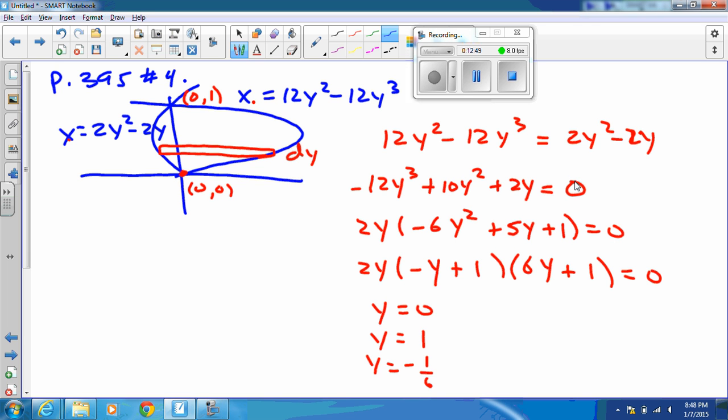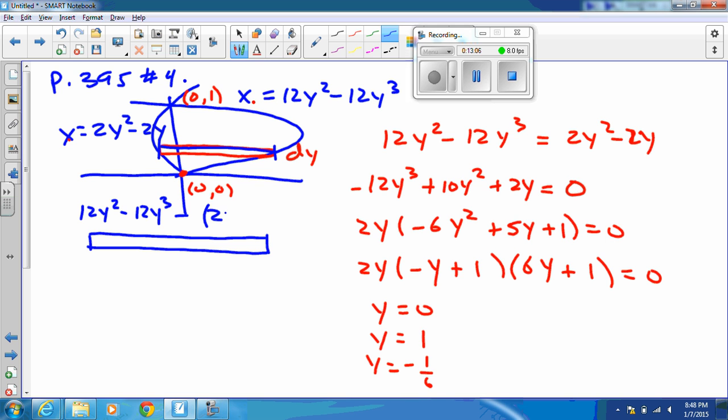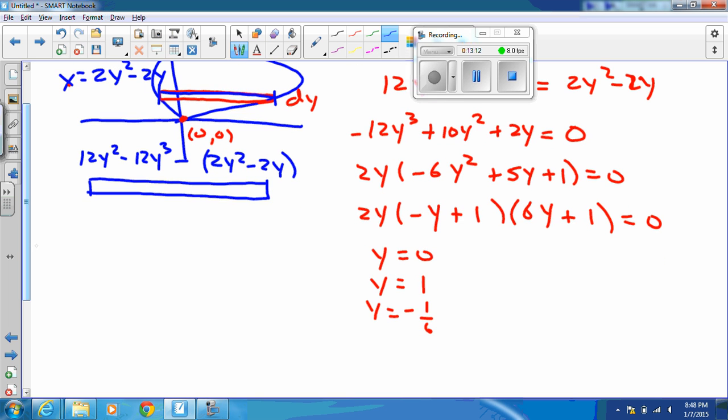And so now that we have done this, we're going to consider the width of our rectangle, and the width of our rectangle is going to be the right curve minus the left curve. That is, this is my representative rectangle here, and its width is this guy right here.